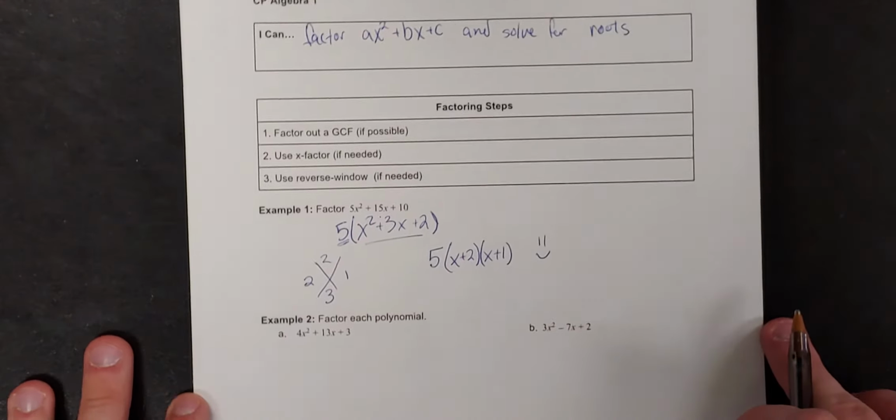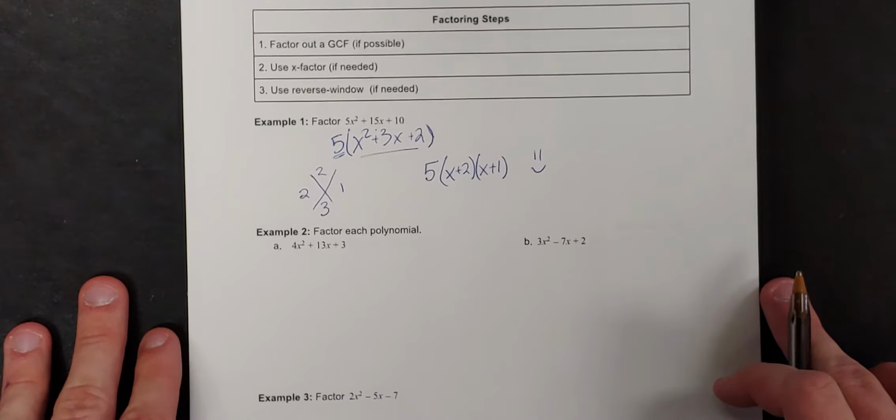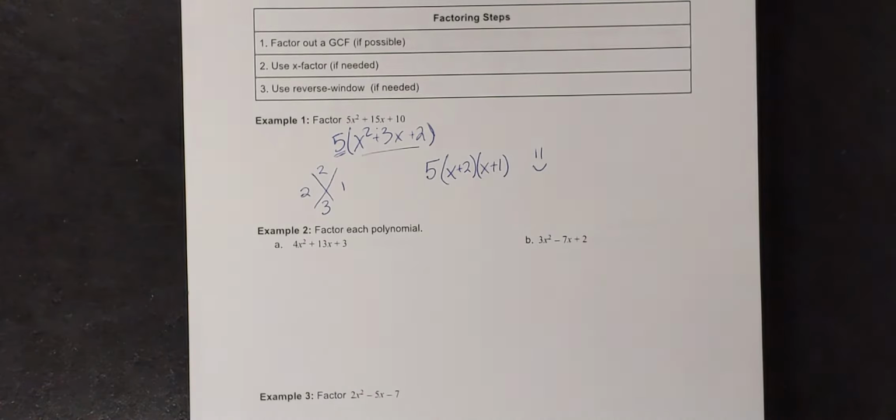Let's take a look now at the next two. Unfortunately, we cannot factor out a GCF. Even though 1 is the GCF, it's no use to factor it out, so we just leave it as it is. So we're still going to do the x method.